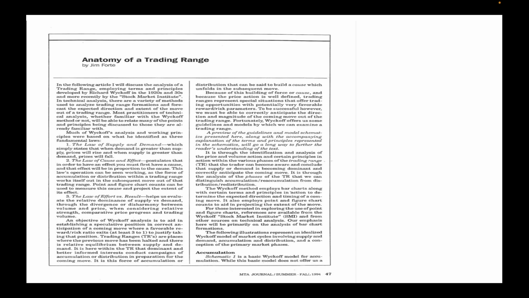A book that can really help you with accumulation and distribution is this book. I talked about it last time, Anatomy of a Trading Range by Jim Fort. I don't know if I've pronounced his last name correctly.